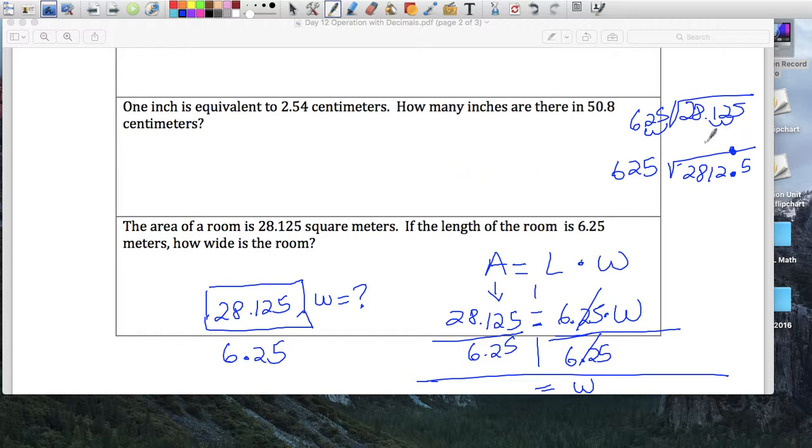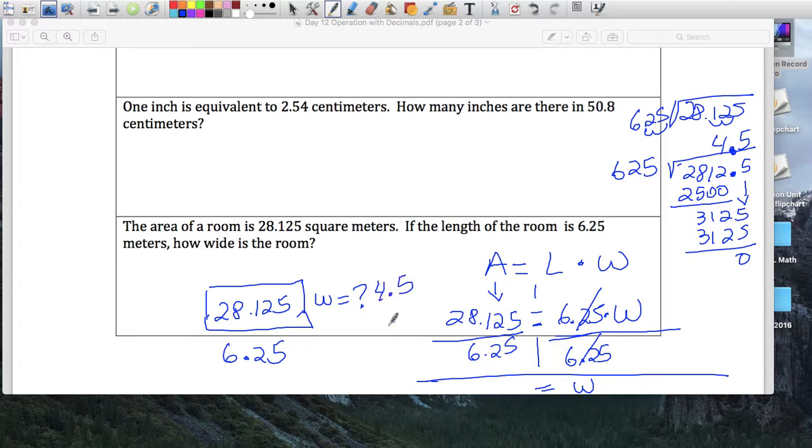That works. 4 times 625 is 2,500. Subtract, get 312, bring the 5 down. 625 times 5, will that work? Yes, it will work. Times 5 will give you 3,125.